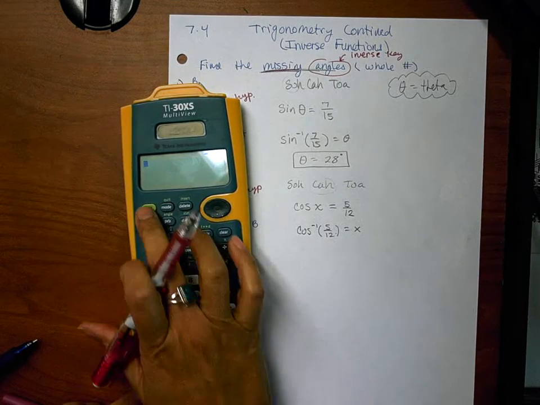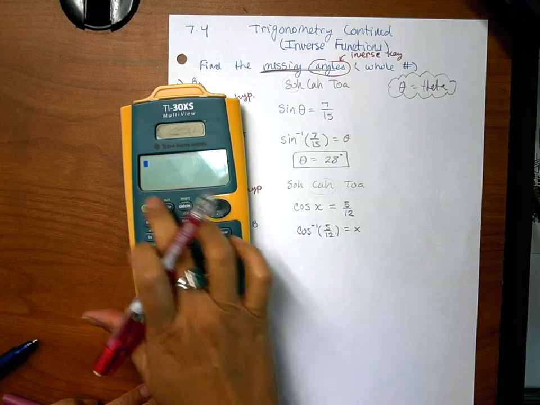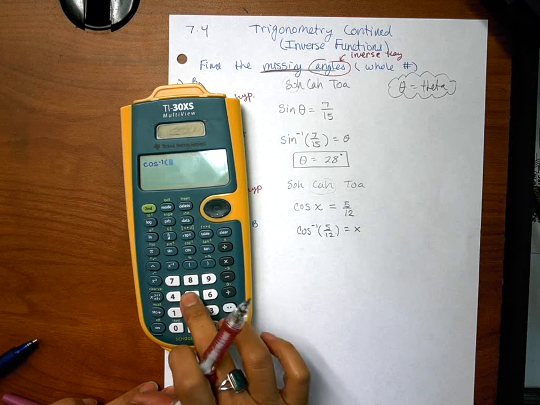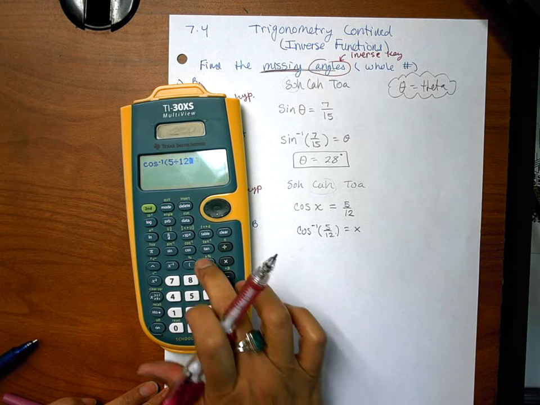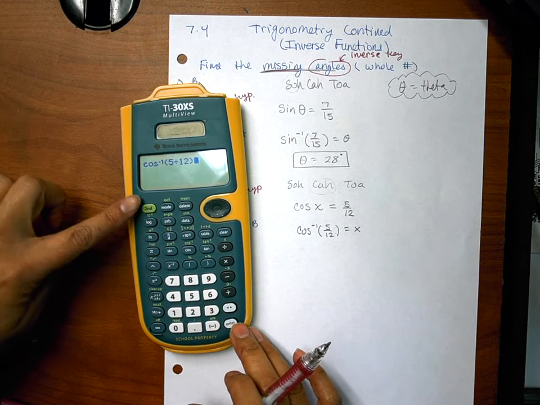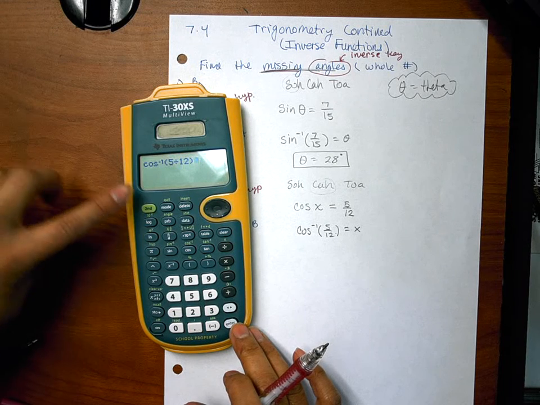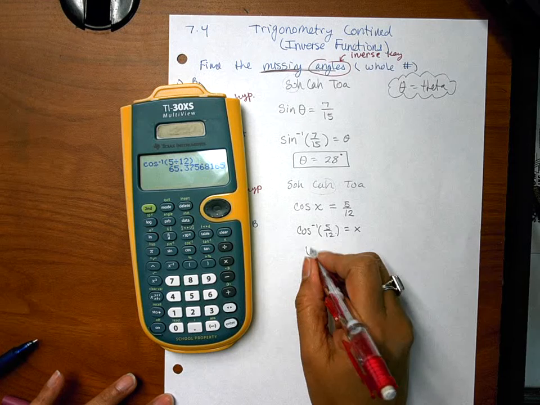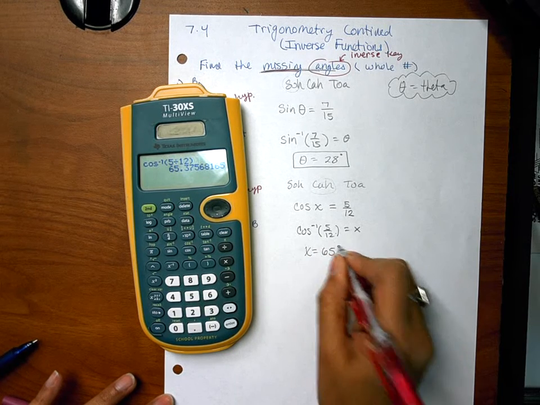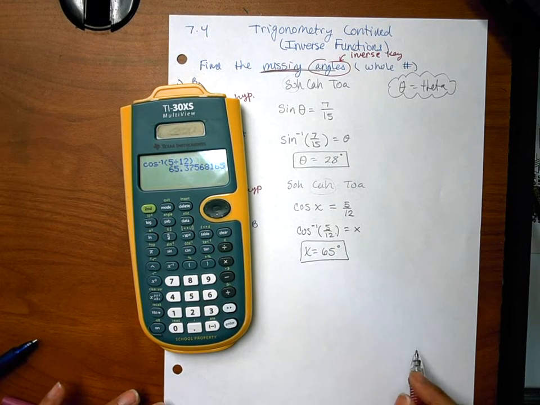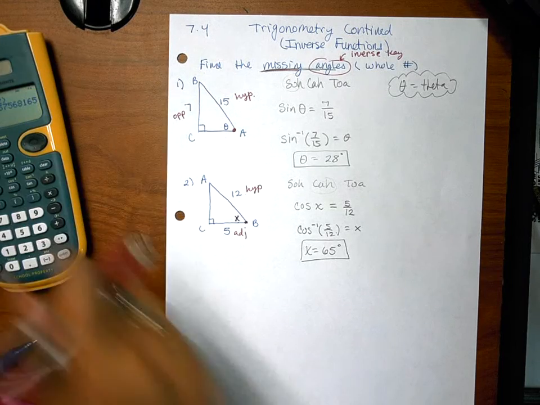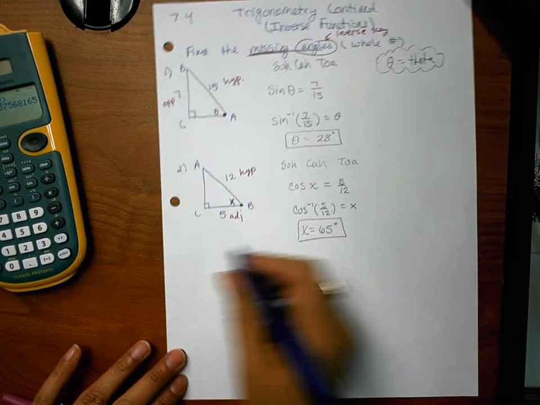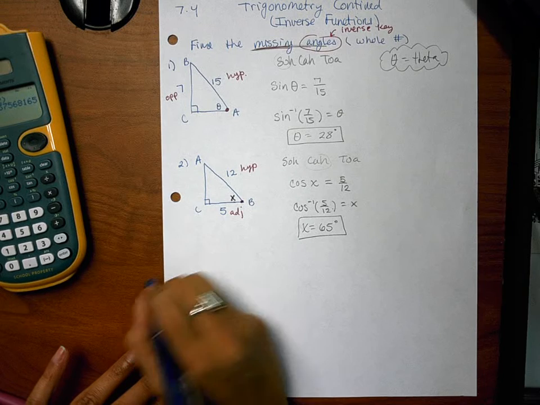I'm going to hit clear, second cosine, sorry, wrong key, second cosine, 5 divided by 12. Your calculator might have an inverse key instead of a second key, but it's the same thing. And then 65.3, it would stay at 65. And that there is your answer.